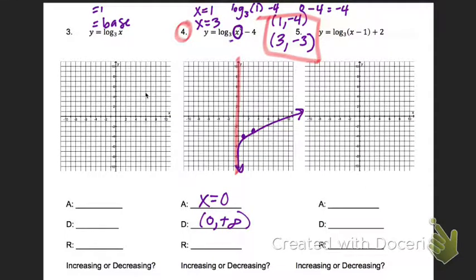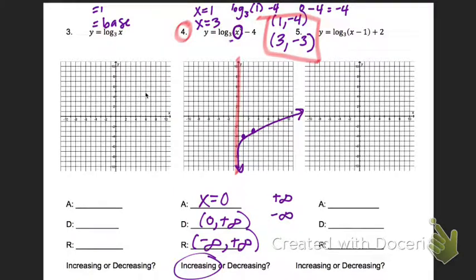Range is always going to be all real numbers. To the right, is it increasing or decreasing? Increasing. As x is going to positive infinity, what is y doing? Positive infinity. As x is going to 0, y is going to negative infinity.